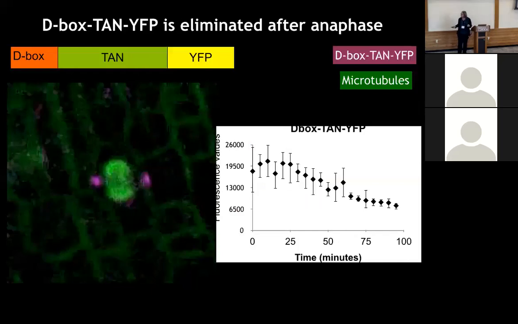This movie, you're not going to be able to see it because that's the break. But what you can see here is that this destruction box, when it's fused to tan-YFP, still localizes to the division site as we expect, and that over time this signal goes away. The question is, when does it go away? We would hypothesize that it's going away in anaphase. That's when it's being targeted. But it turns out it takes a lot longer for this protein to be destroyed.